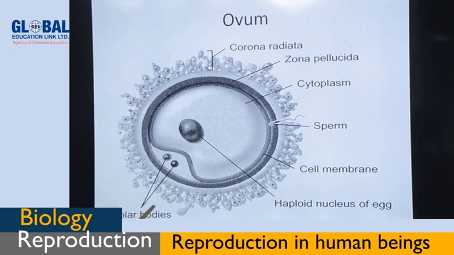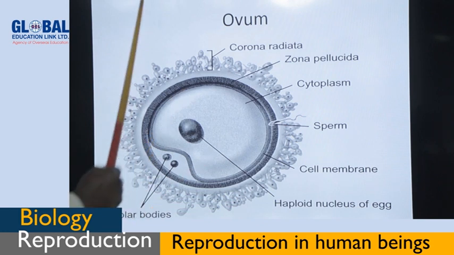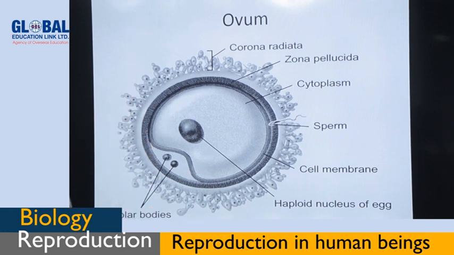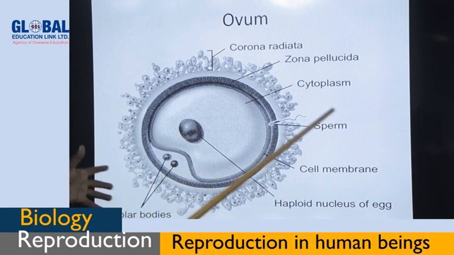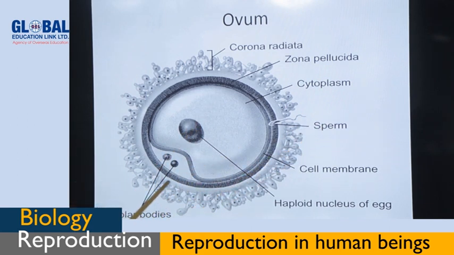You have the cell membrane just behind the zona pellucida, and you have the cytoplasm, this large part. Inside the cytoplasm, you have the haploid nucleus of the egg and the polar bodies. These are important features the oocyte will have after the complete oogenesis.